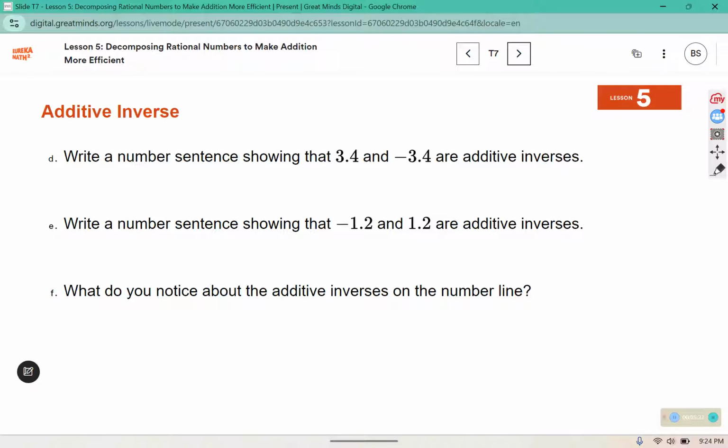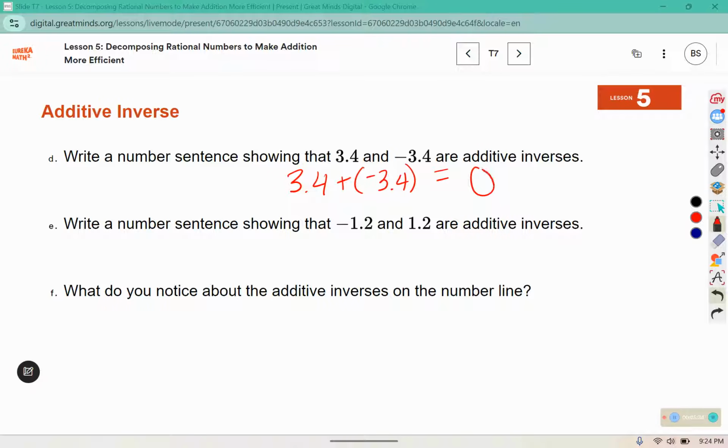Write a number sentence showing that 3 and negative 3.4 are additive inverses. When we add them together, they equal 0. Then do the same thing for negative 1.2 and 1.2.